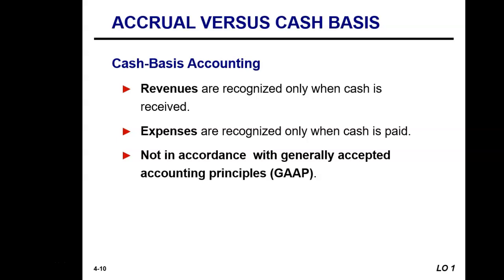And that's because if you're a public corporation, most of your business transactions take place on account, meaning that when you provide the actual service or sell the product, cash is not exchanged at that particular point in time.